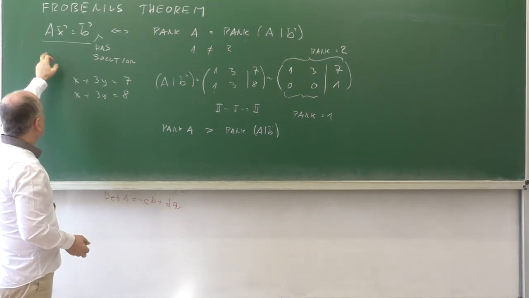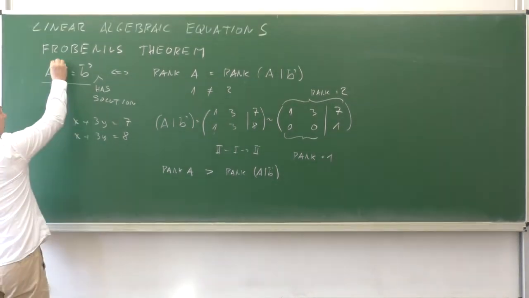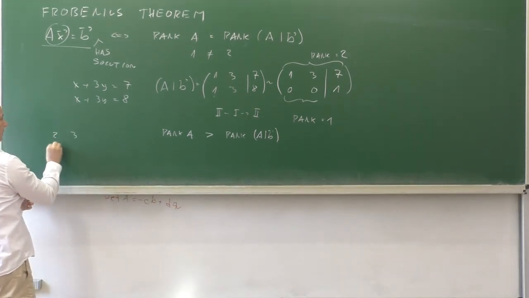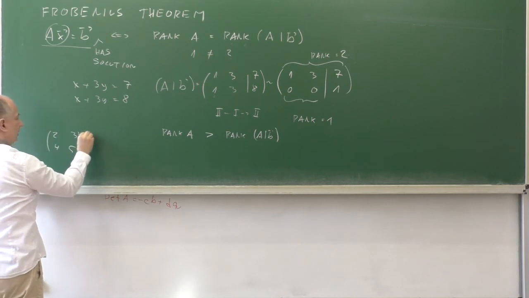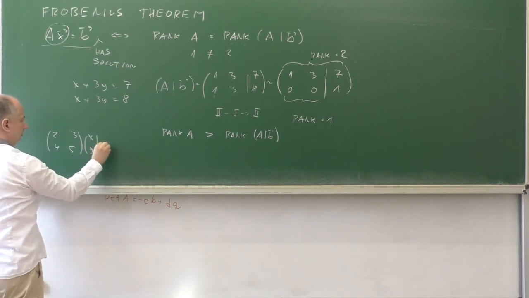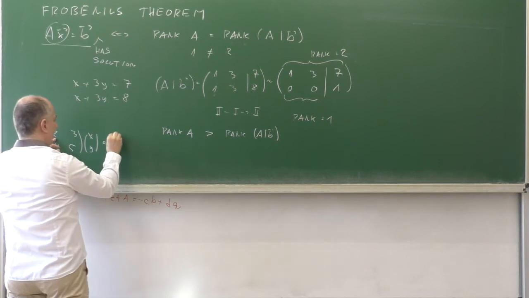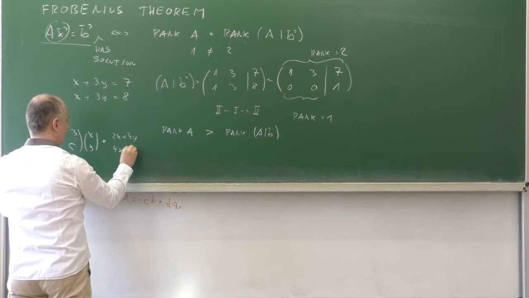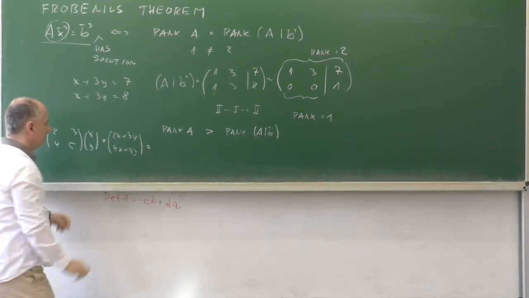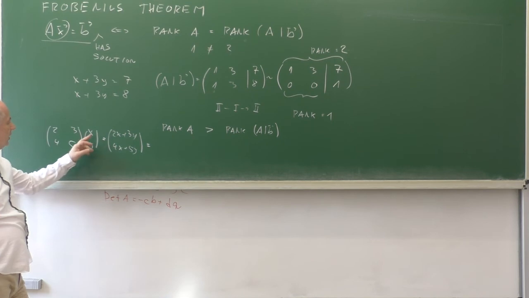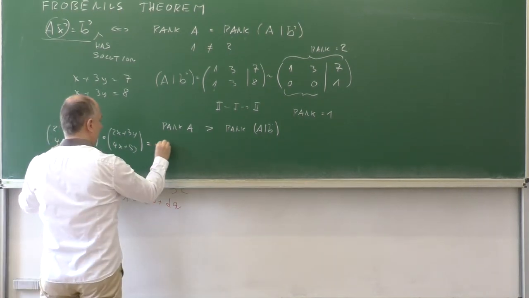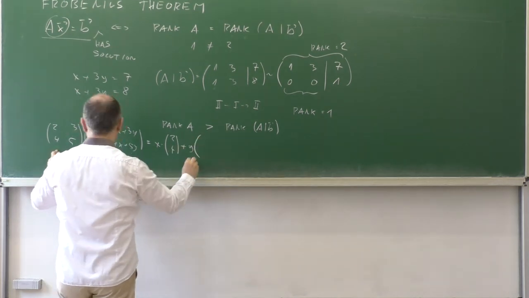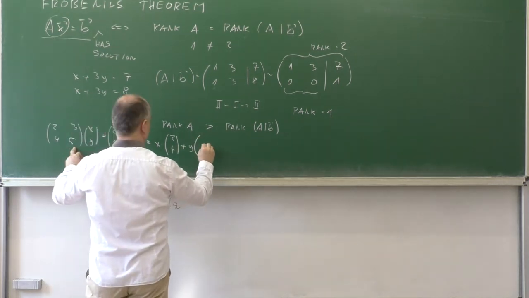To illustrate that this is a linear combination of the columns, let's consider the following matrix: 2, 3, 4, 5 times (x, y). This is 2x + 3y and 4x + 5y. But this can also be written as x times the first column, (2, 4), plus y times the second column, (3, 5).